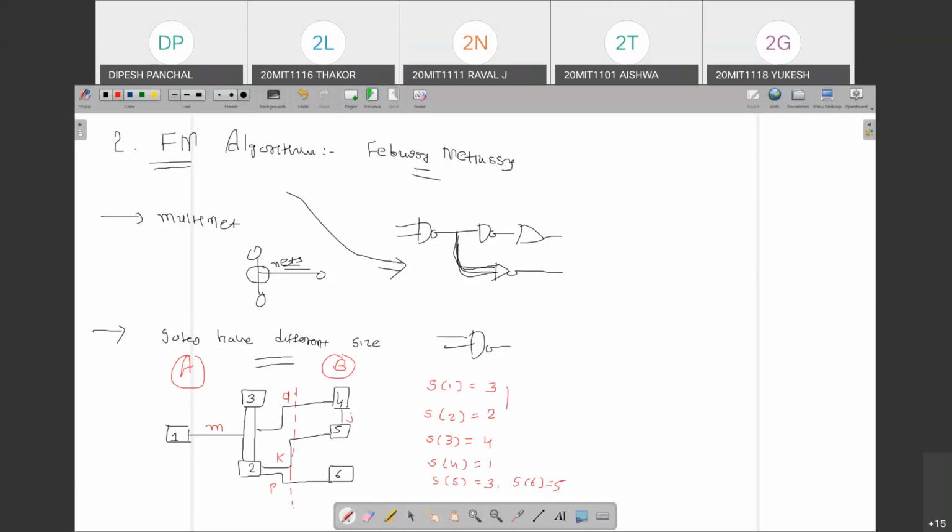What is the total here? 9. This is also 9. So partition A size is 9 initially and B size is also 9. If you move the cells from here to here or here to here, does this size remain the same or is it changed? 9, 9.